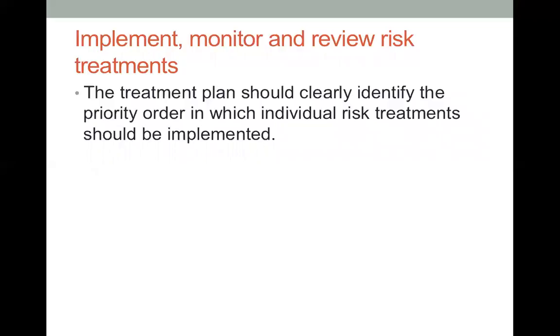Now we will discuss the implementation, monitoring, and review of risk treatments. The treatment plan should clearly identify the priority order in which individual risk treatments should be implemented. So we'll have to do it in the organization. The reason for that is that organizations, as discussed in the previous module, have limited resources.